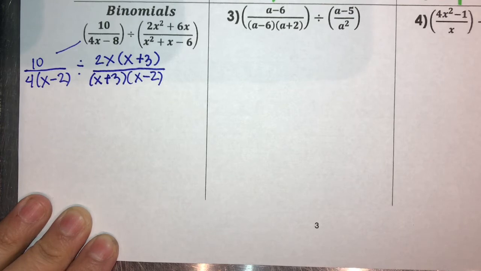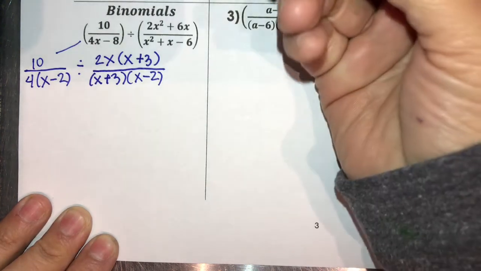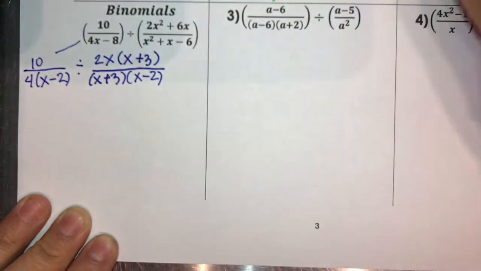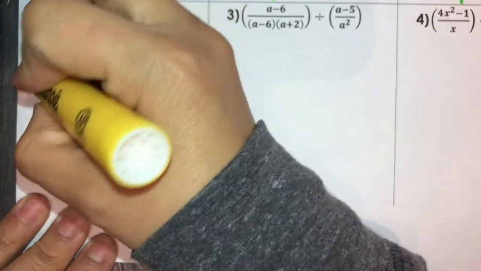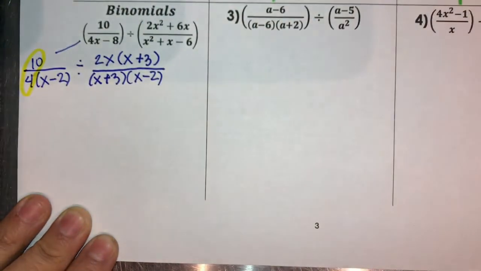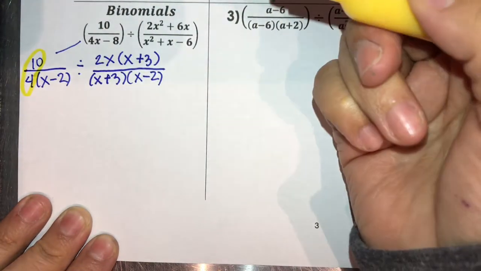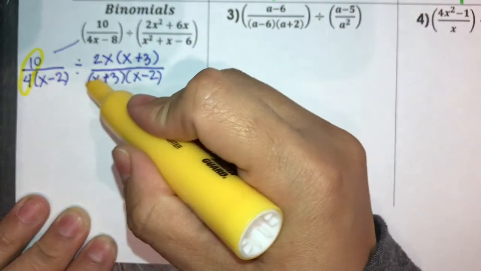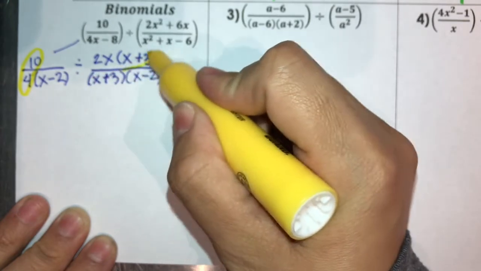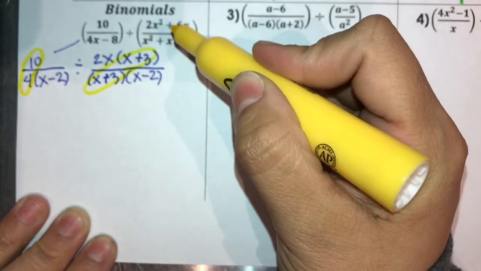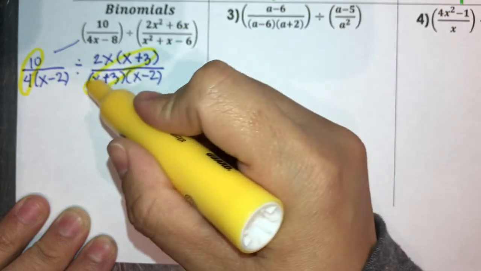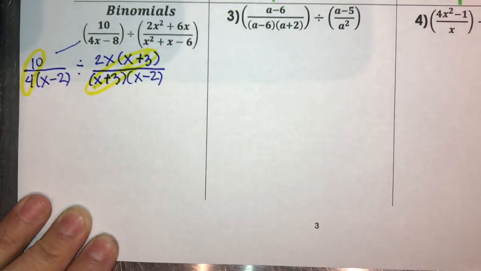I'm considering what I have in common. In the first one, the 10 over 4 will simplify, and in the second one, the binomial x plus 3 will simplify, so those go away.